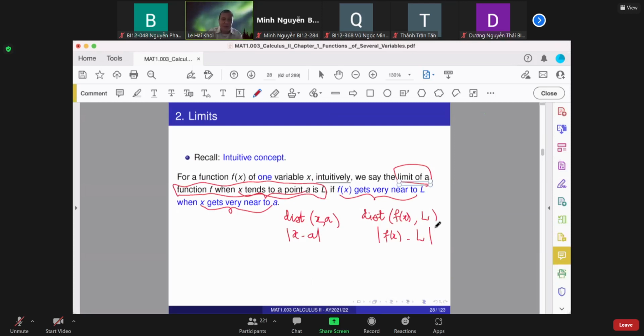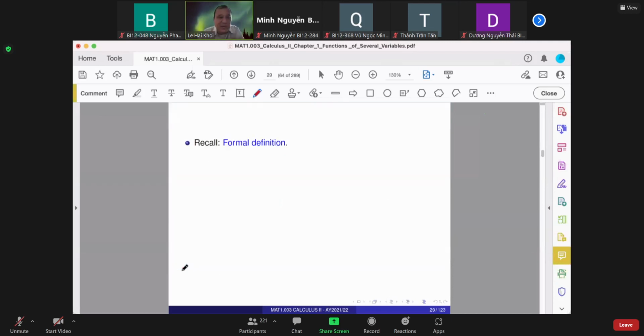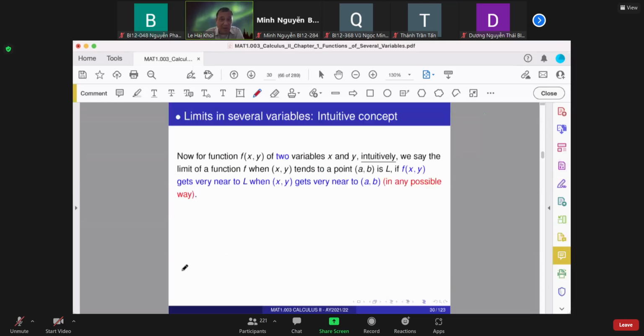I already explained it: the distance is very small, and the other distance is also very small. From that, we have the formal definition for a one-variable limit.